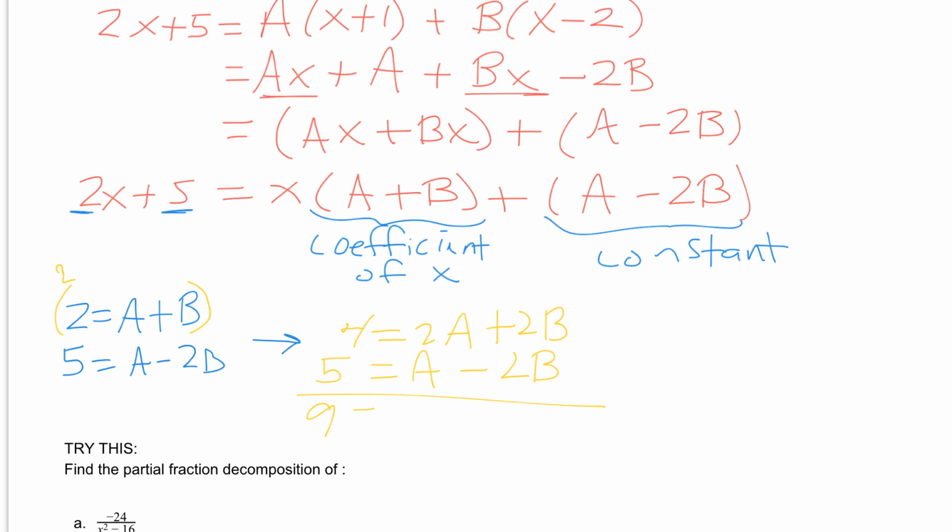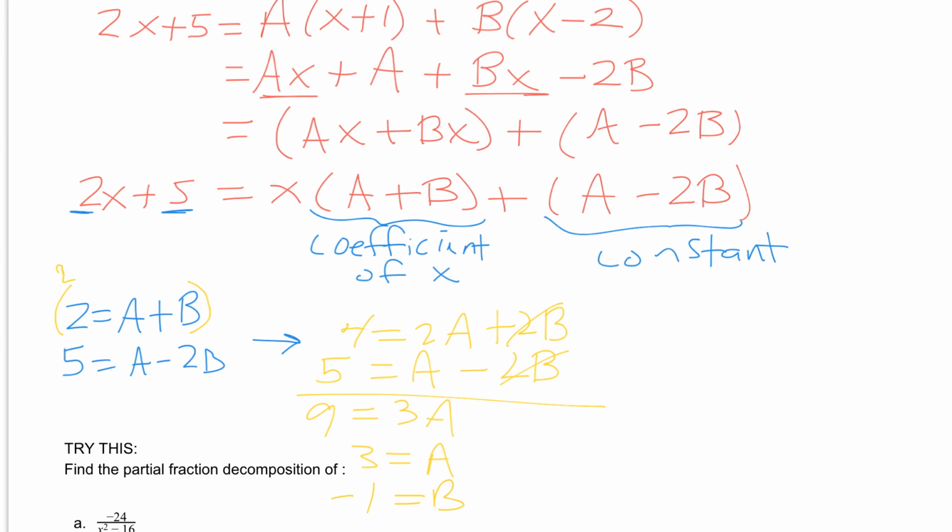So I get 9 equal to 3a. My b's will cancel. And by dividing by 3, a has to equal 3. Well, if a is 3, and I come back to this equation right here, that 2 is equal to a plus b, if a is 3, I want b to be negative 1. So I know b equals negative 1.